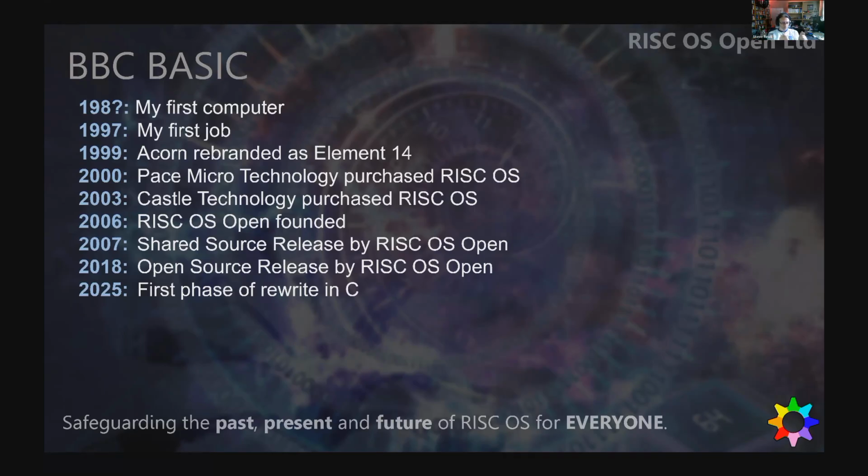So I got the BBC Basic manual that came with my Electron, and I opened it to the bit where it said, right, line 10, print hello world. And I thought, oh, right, I see how you write programs. You just write a line number and then you write something for it to do. And so then I put the book back down and I wrote line 10, draw a cricket pitch, line 20, draw the bowler, run.